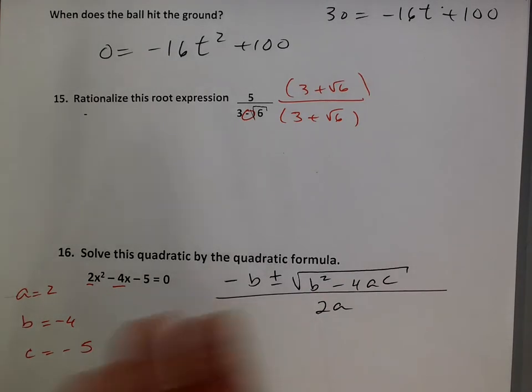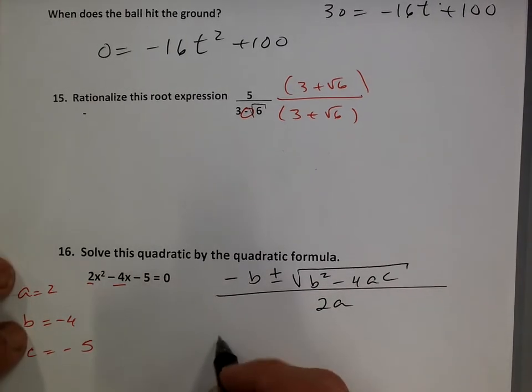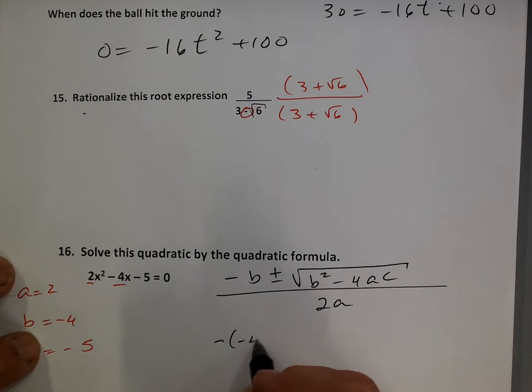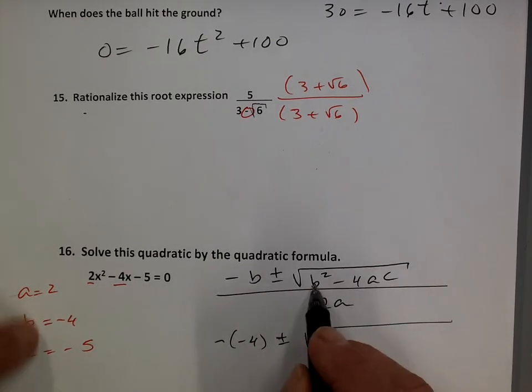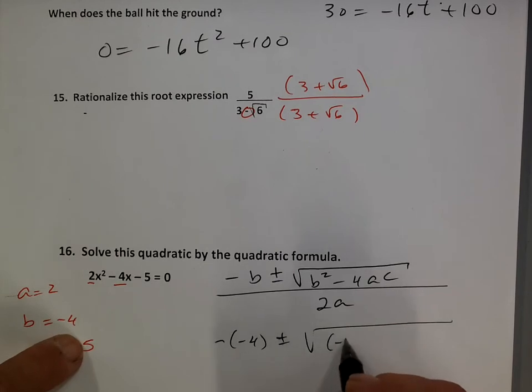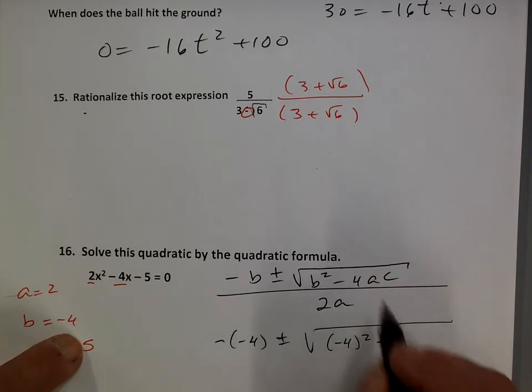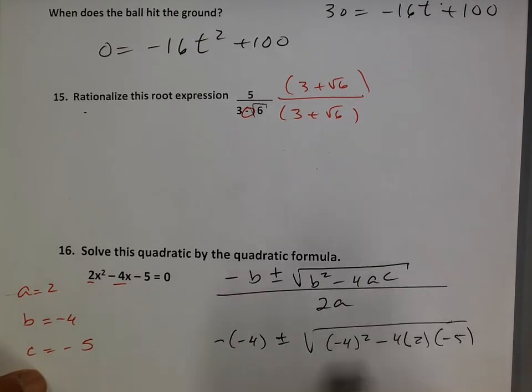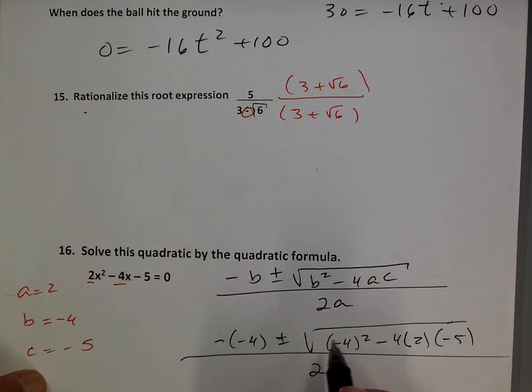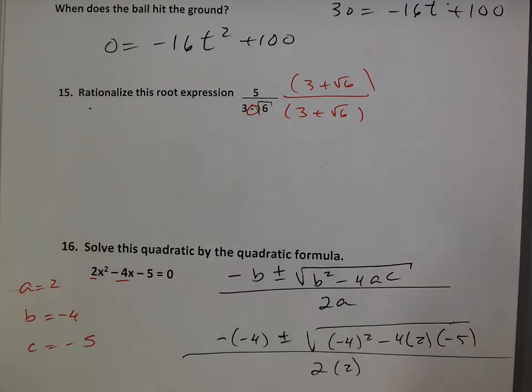Okay, you just got to plug those in, so you'll have a negative 4 plus or minus, because that's b, big square root of b squared, so it's going to be a negative 4 squared minus 4, which is in the formula, times a, which is 2, times c, which is negative 5, all over 2 times a and 2 times 2, okay? And then you just have to simplify it from there and get your two answers, okay?